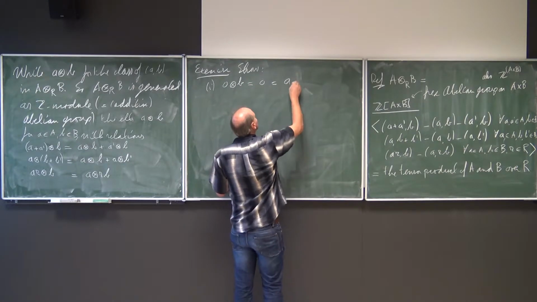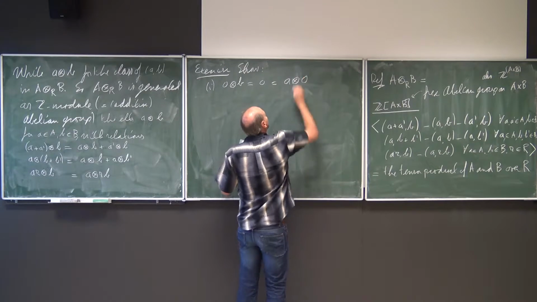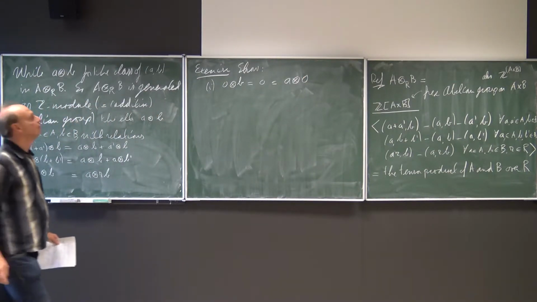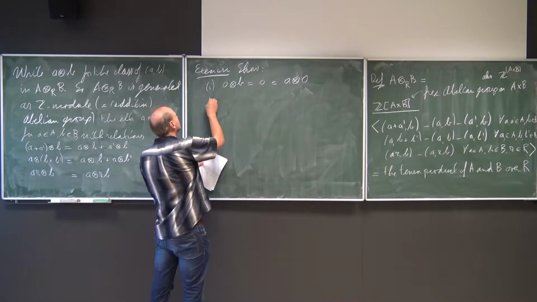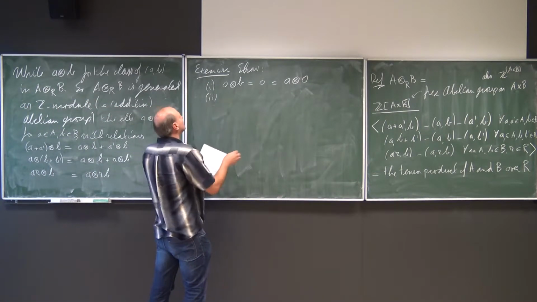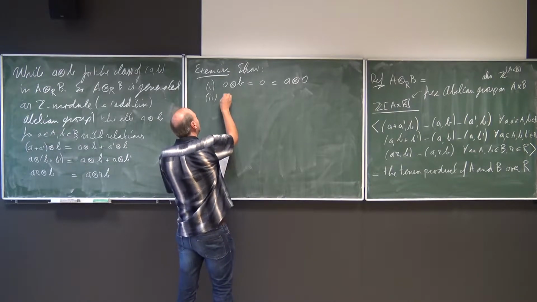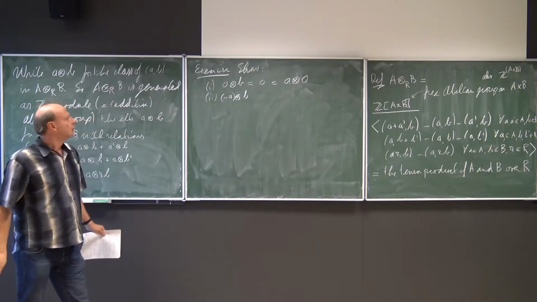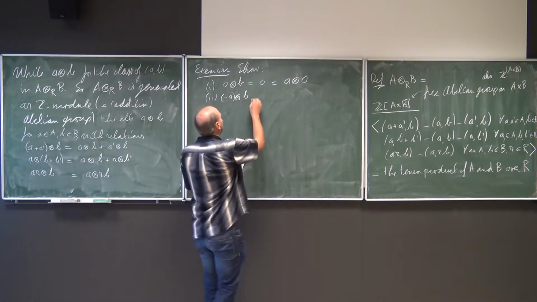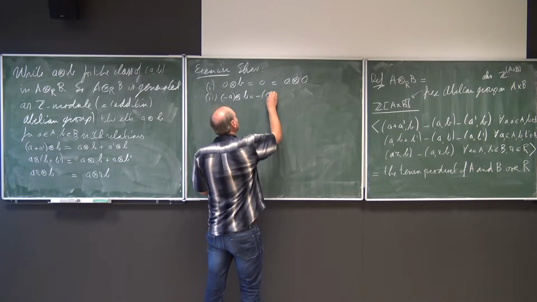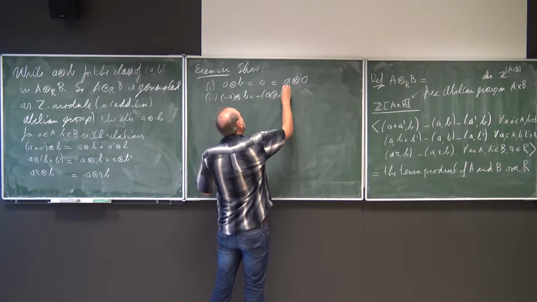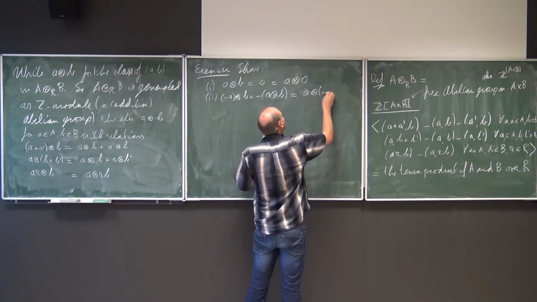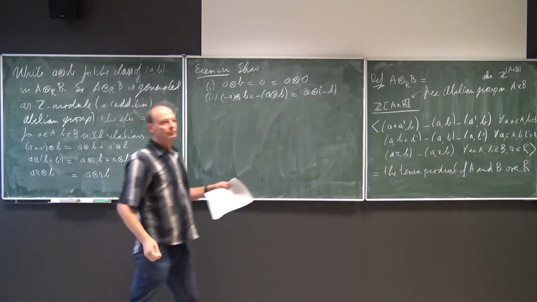And the same thing holds if I put the 0 of B in the second position and the element in the first. So this is the trivial element in the quotient. And then similarly, you can see that if I take (minus A) tensor B, for the inverse in the module A, this is going to be the inverse of the tensor product A tensor B. And similarly, if I put the minus in the B component.